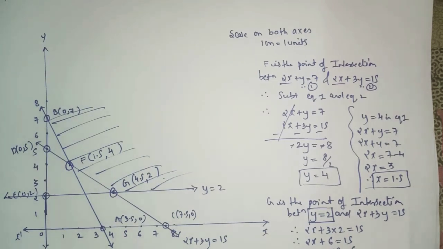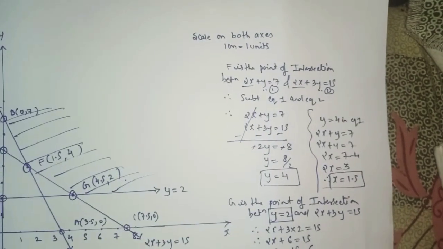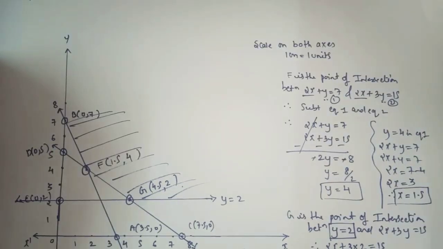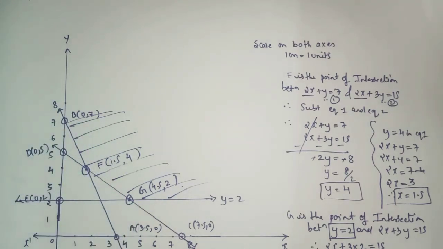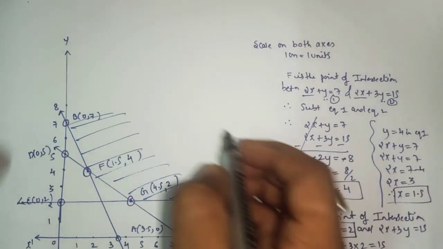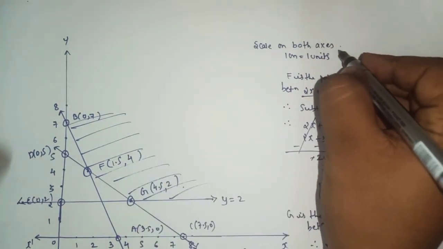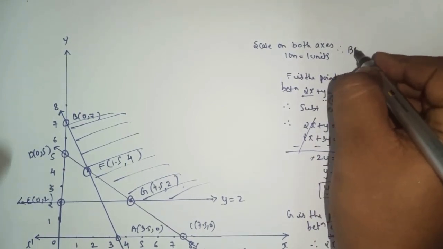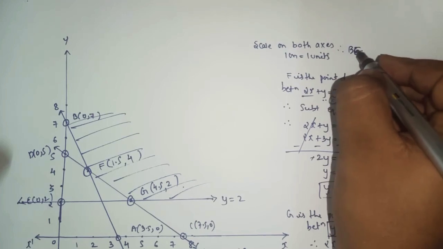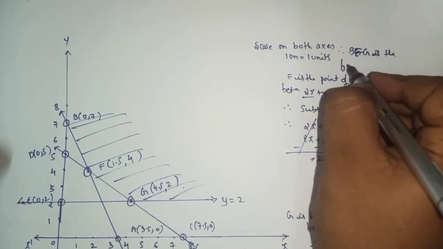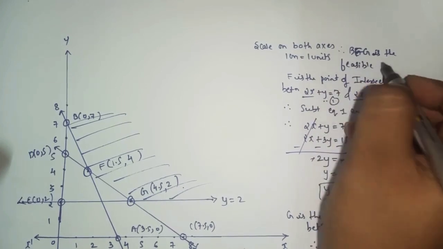Okay, and for this sum, the feasible region is what? BFG. So here you will write BFG is the feasible region.